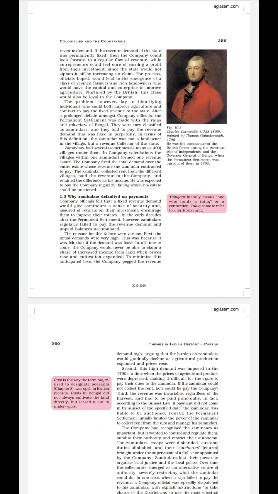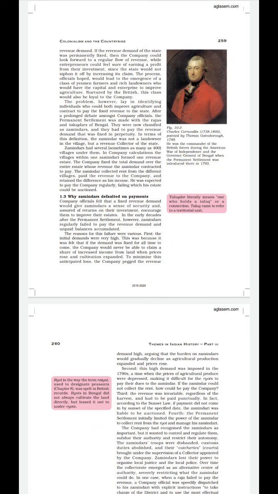That is, the Jamindar had a hold on that particular area, and the court used to come under the Jamindar, meaning the Jamindar used to take the decision there. That was also abolished, and it was brought under the supervision of a collector appointed by the company. Even the Jamindars lost their power to organize local justice and local police. So in this way, the Jamindar's powers decreased.